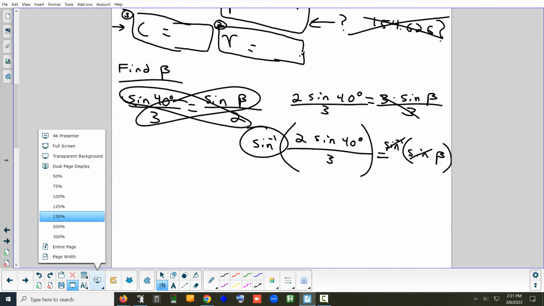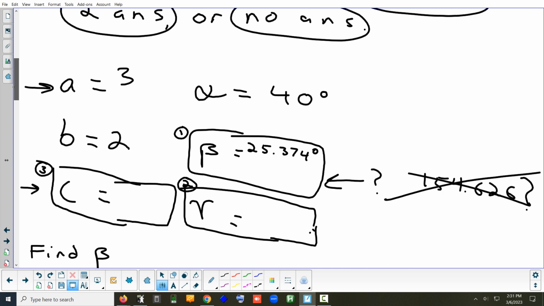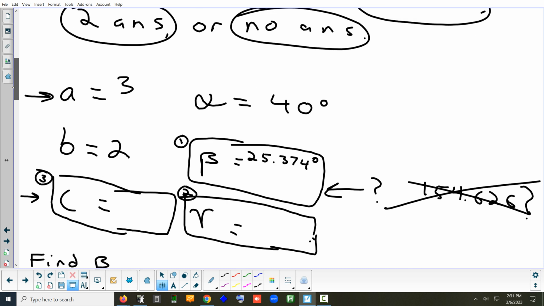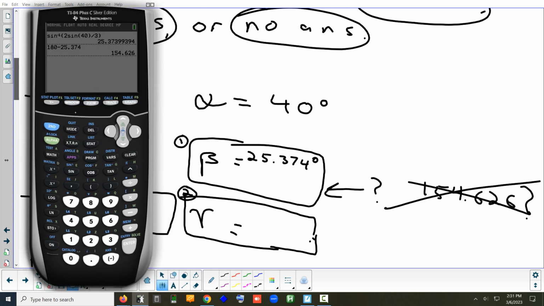All right, so now we know beta is 25.374. So what can I figure out next? I can figure out gamma because now I know 2 out of 3 of the angles. What do these 2 add up to? 65.374, and I can subtract that from what? 180.